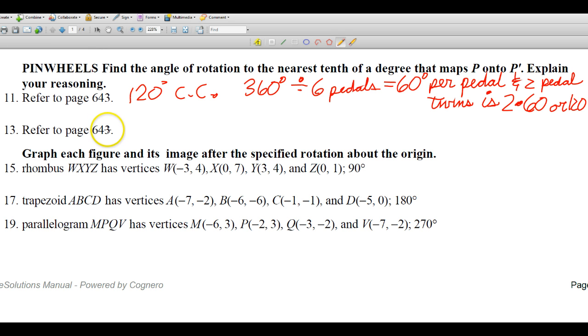Number 13 in our diagram, to map P onto P prime, we would want a rotation of 154.2 degrees counterclockwise.